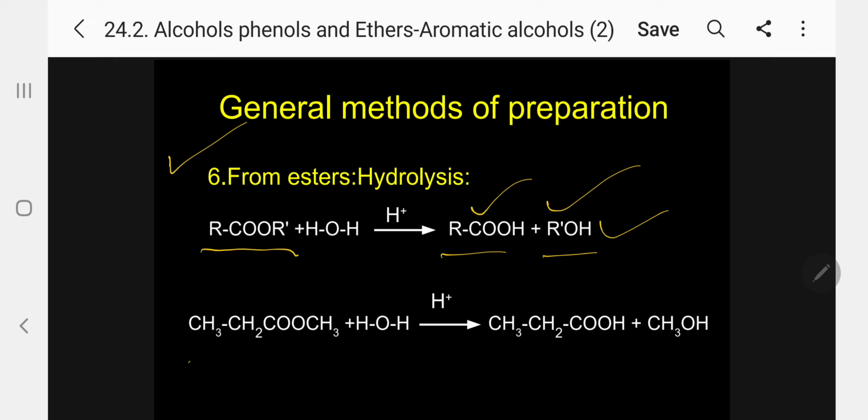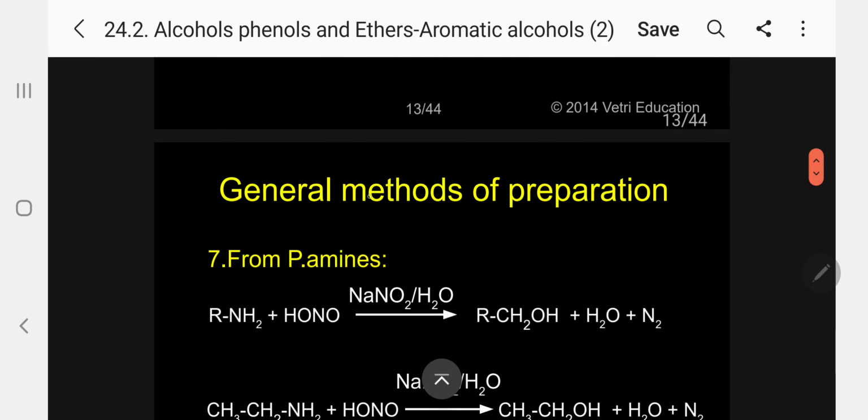A specific example is methyl propanoate, which undergoes hydrolysis, producing propionic acid and methanol. Kindly follow: the carbon to which the oxygen is attached, the corresponding alcohol will be formed. That is the important information.